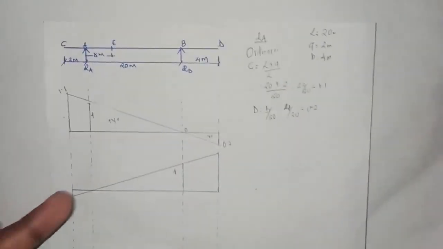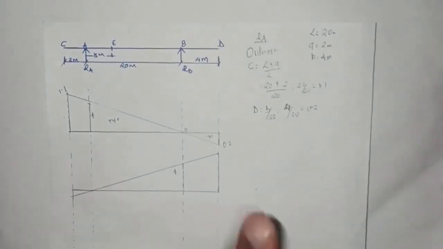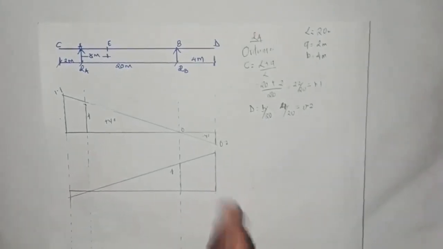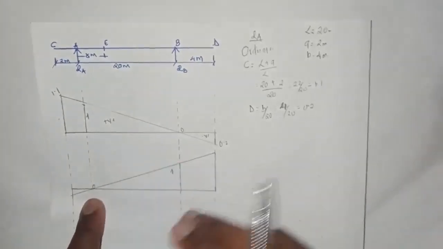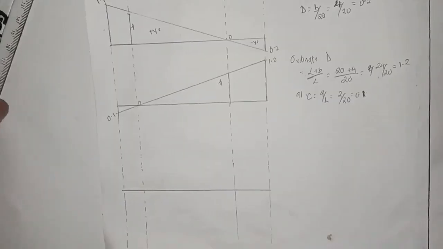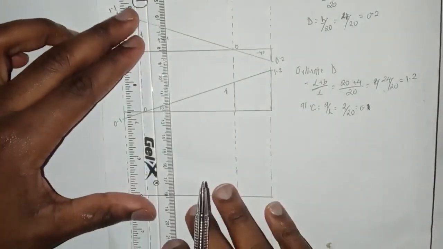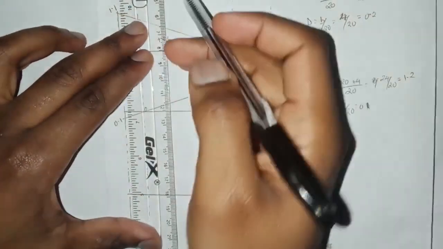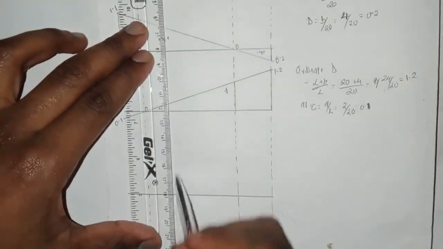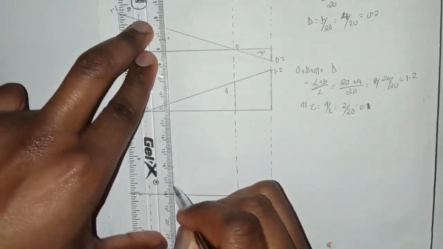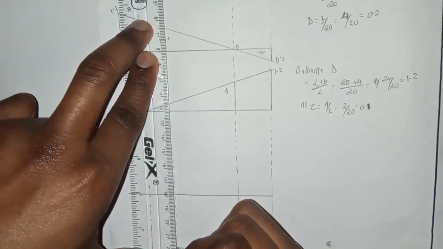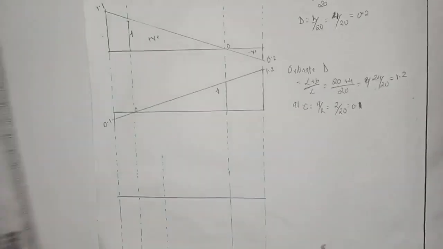So our influence line for reaction at B at support A equals 0. So for our shear force at E, we're going to drop our point E somewhere here, like this.